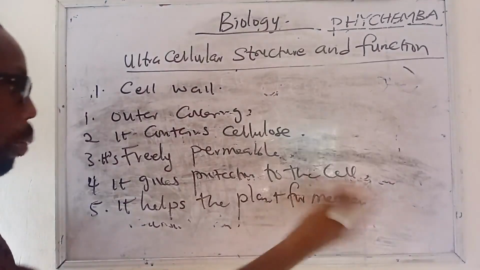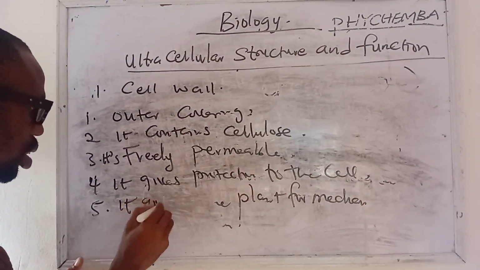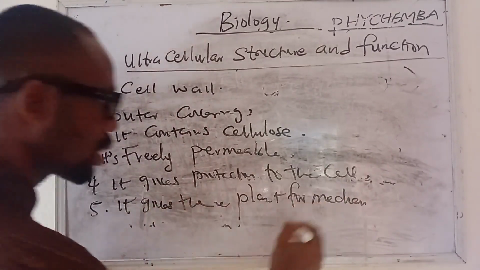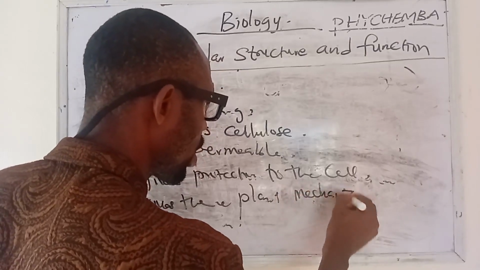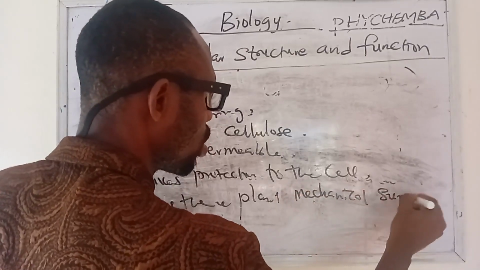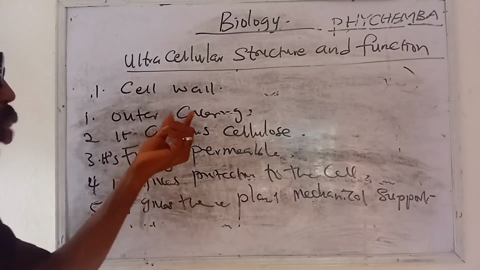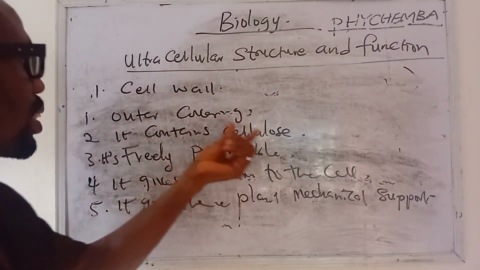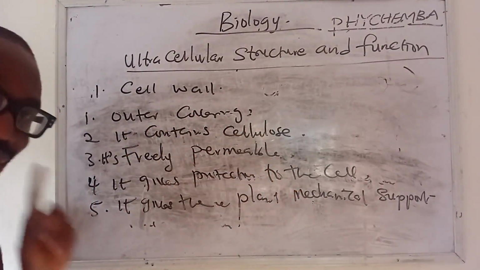It gives the plant mechanical support. You can see that is what the cell wall does. So it's also an outer covering, it contains cellulose, and it's freely permeable, not selectively.